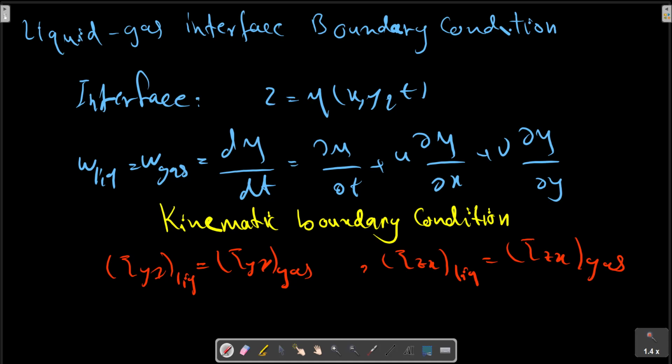Neglecting the viscous normal stresses, the pressure must balance at the interface except for the surface tension effects.